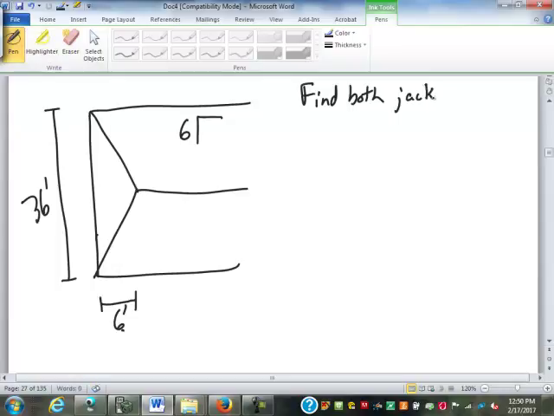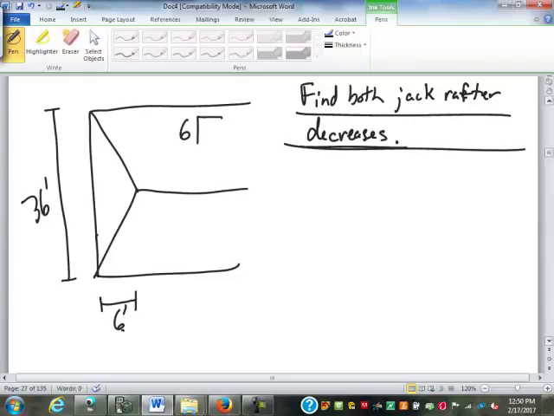So find both jack rafter decreases. So you've got main roof side and hip roof side. So main roof. Common.